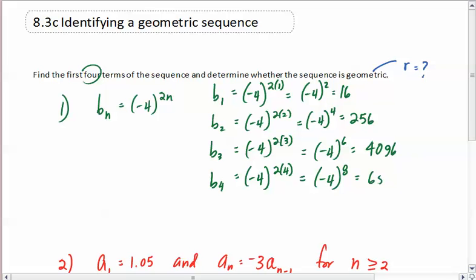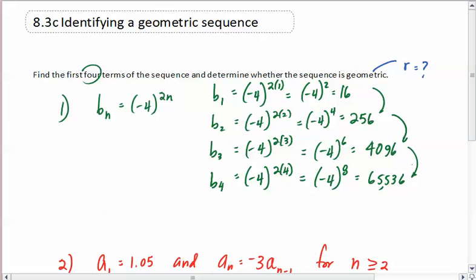So that's 65,536. So let's take a look. We have 16, 256, 4,096. What's the thing that's happening between each of these each time?